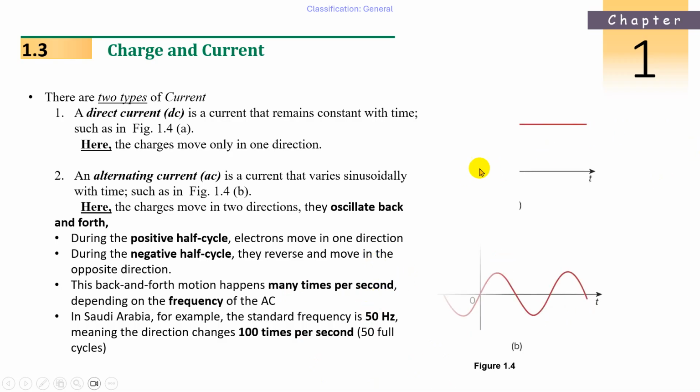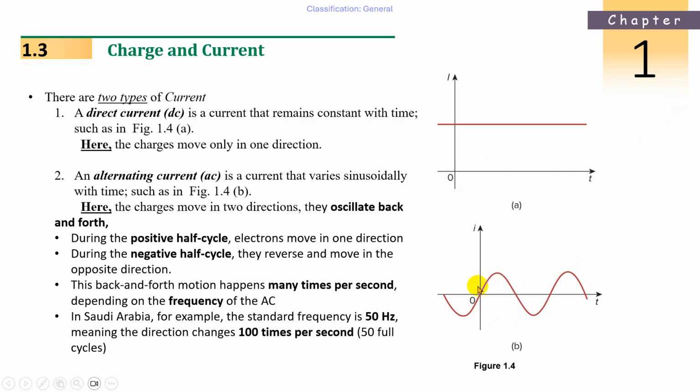So see now, here this is your direct current and this is your AC. Direct current is always constant, meaning for a period of time the current keeps the same value. Now for AC, for a period of time the current moves from 0 to maximum, maximum to 0, then 0 to negative maximum to 0, and again repeats.